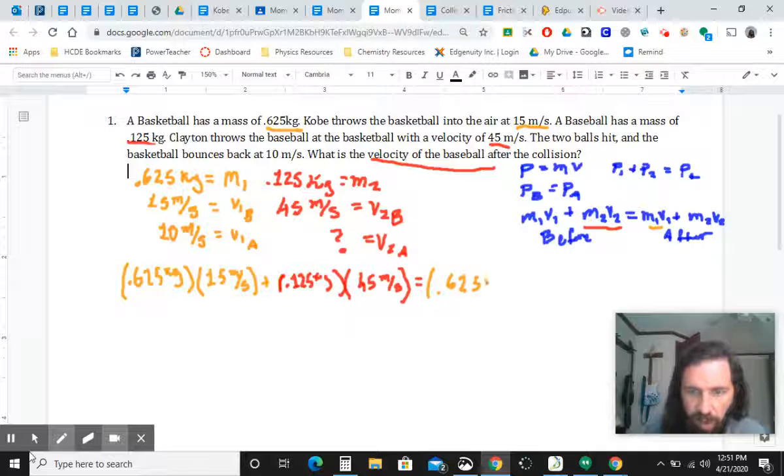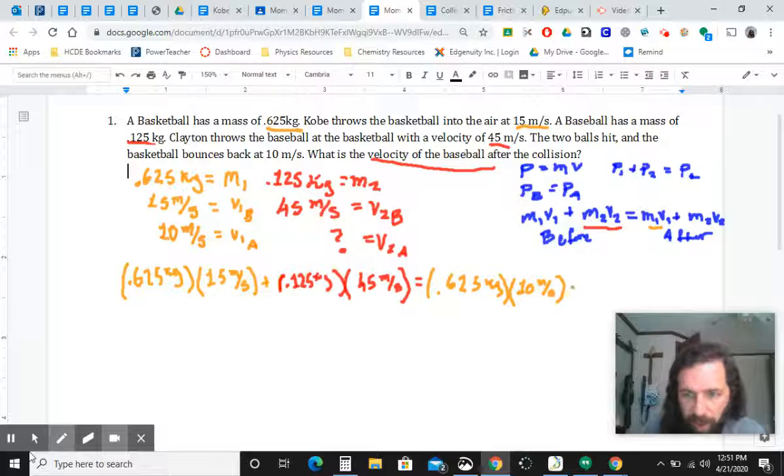So anyways, 0.625 kilograms times, okay, V1 after, that's V1A for V1 after, is 10 meters per second.